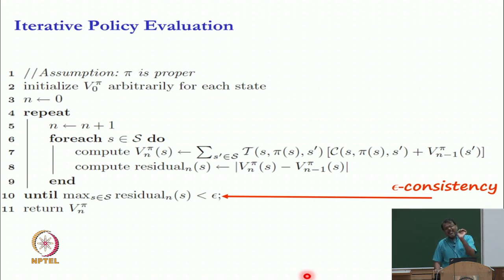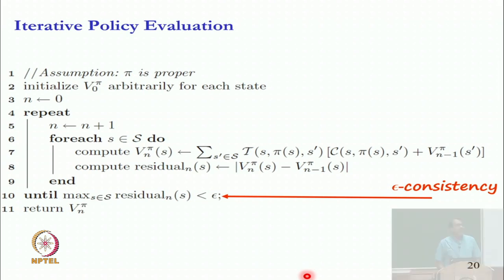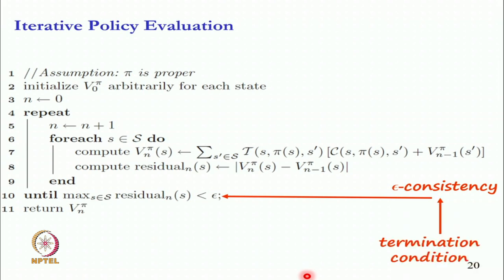It is not the optimal value function, it is epsilon close to the optimal, and you can actually have a bound on how close you are if you have epsilon consistency. We will not talk about the bound for now, but it is close, and this is my termination condition, and you return the value function V pi n, which was the question at hand.